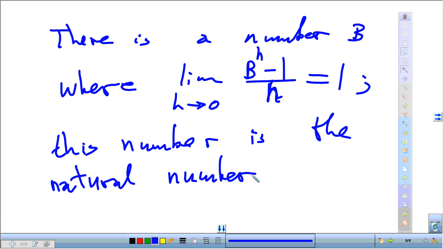And so the generic setting is if that proportion is 1, and that base that causes that is called the natural number. And we have a symbol e. So just like pi has a special symbol, the natural number has a special symbol e.